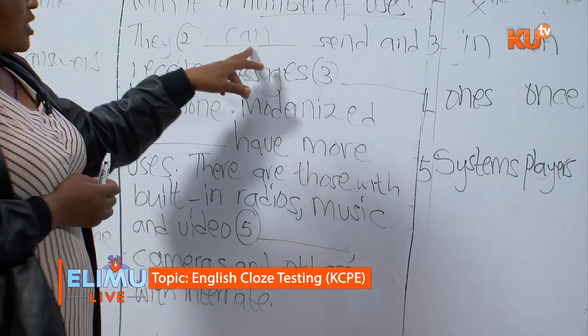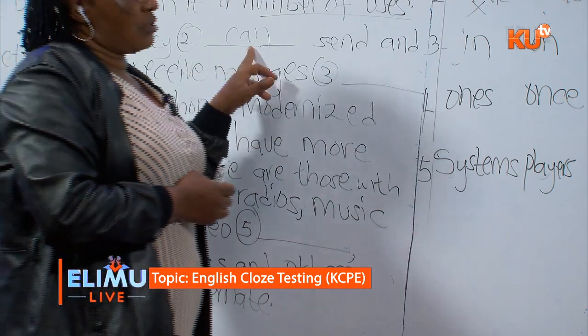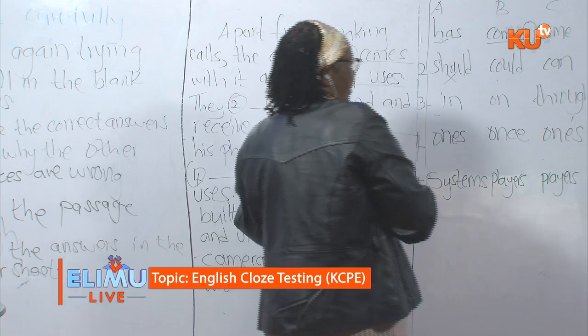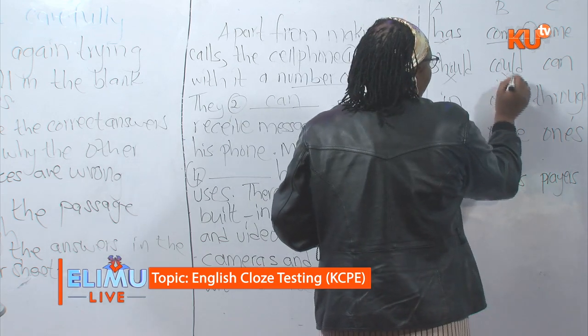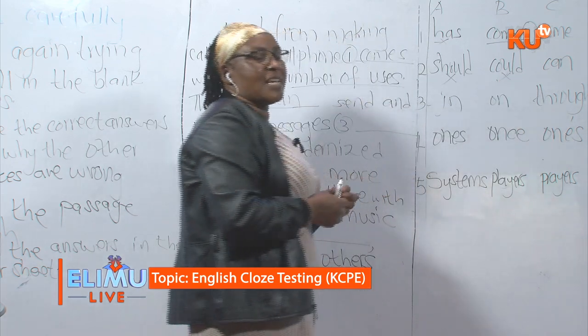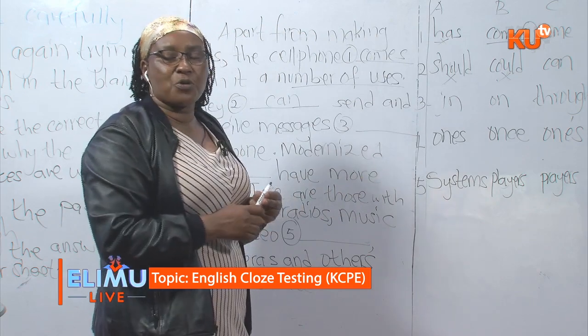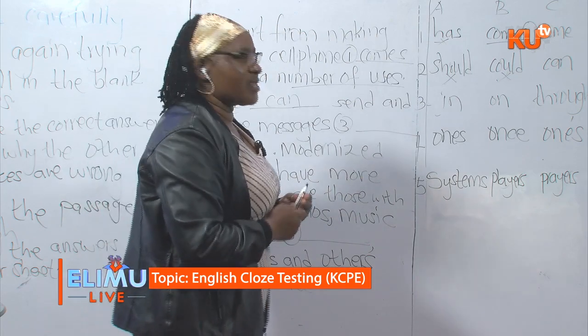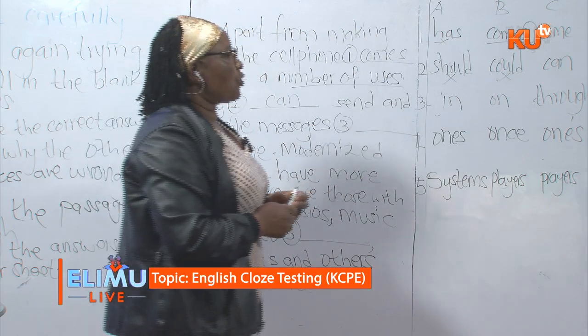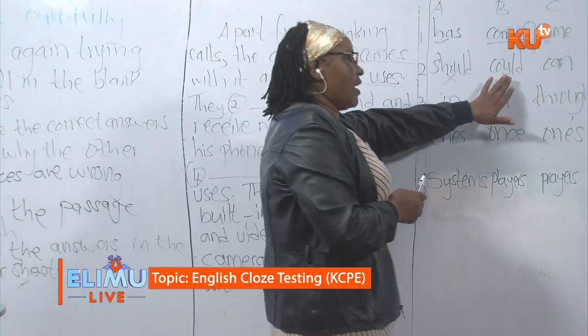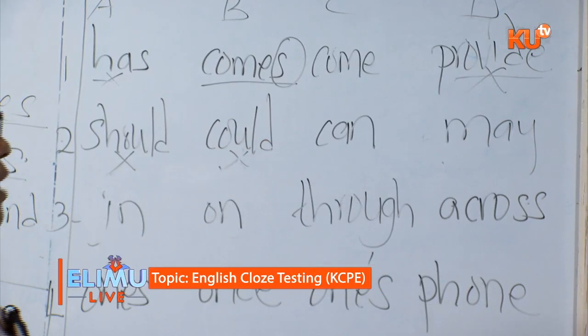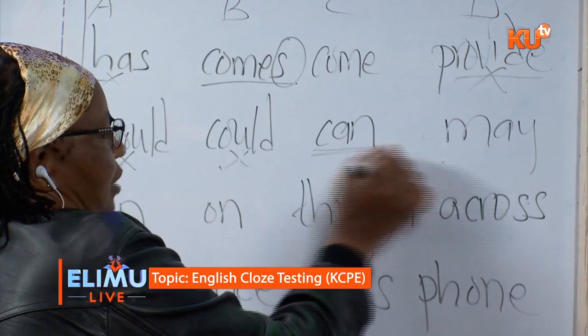So that's why we have chosen the choice can to be the correct one. Now, this one shows that it was doing that in the past because of the word could, but it has stopped doing that, which is not true. So we cannot choose the answer to be choice B. Now, this is the correct answer.